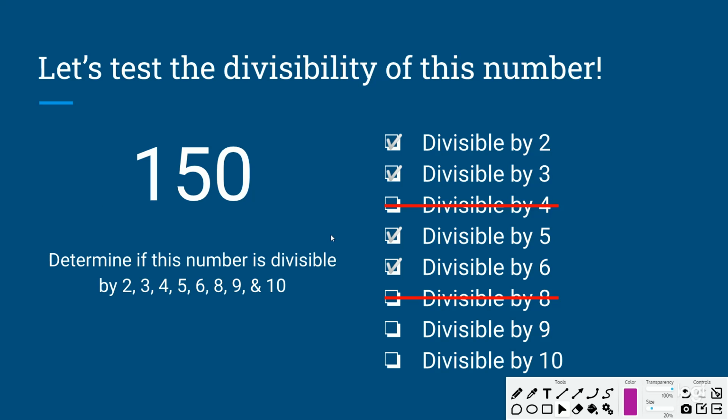Is 6 divisible by 9? No. And then the last number, is it a 0? Yes, it is. So 10 also. So for 150, we have it is divisible by 2, 3, 5, 6, and 10. So if you were doing the homework assignment, you would check all of these boxes.